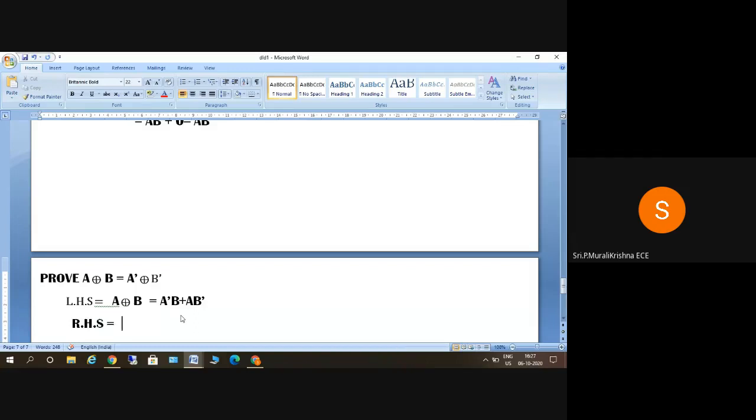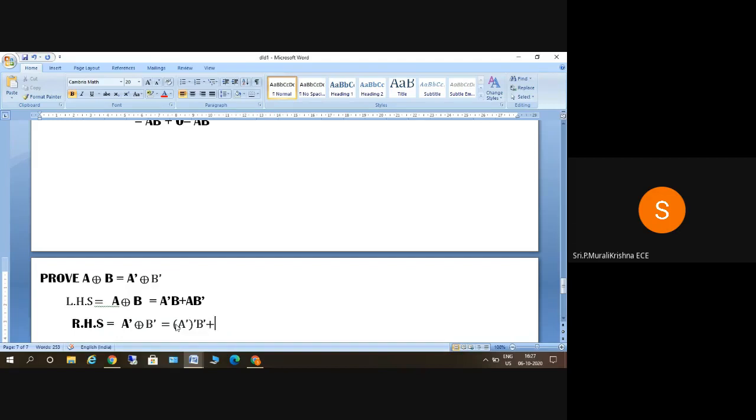Okay. So here what happens here is, we have to follow this one. So is equal to, so A bar B plus A B bar. So here A bar is nothing but A bar, so B. So B is B bar plus A B bar.